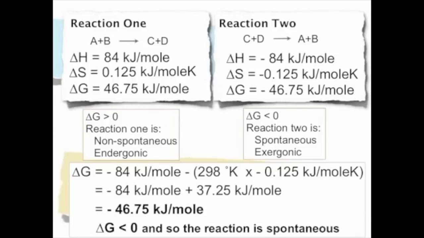It's going to release 46.75 kilojoules per mole in the reaction. When a reaction in the forward direction is not spontaneous, this means the reaction in the reverse direction will be spontaneous. This means that the tendency will be for that reaction to go backward. The reverse reaction is spontaneous.